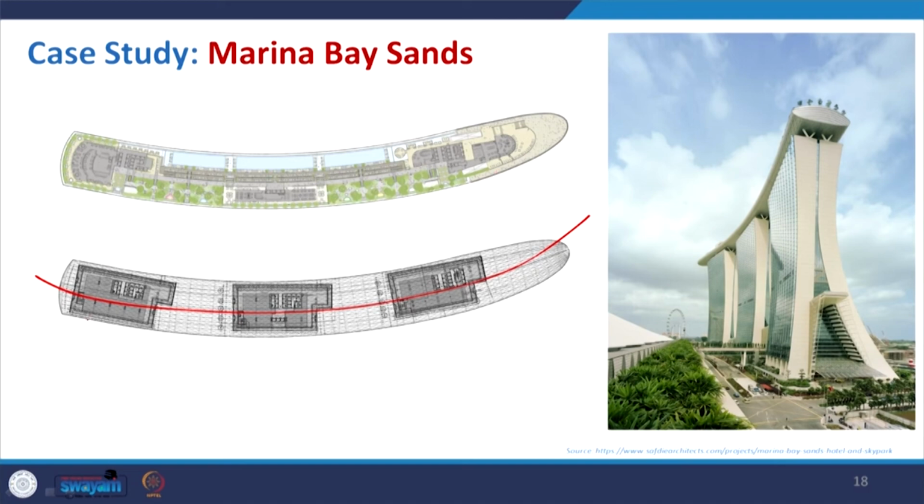But if you see just these towers, you will get very symmetrical towers placed one after another, a very basic form that has been taken here, and then the upper slab is placed on top of it.